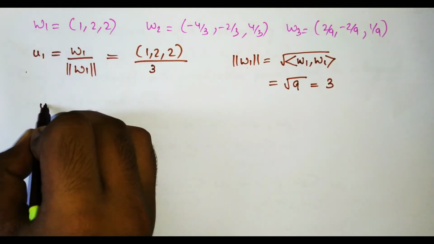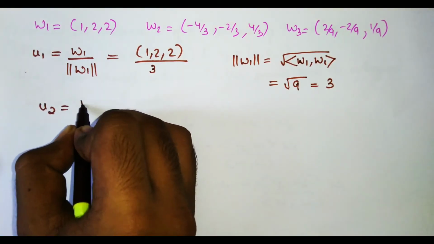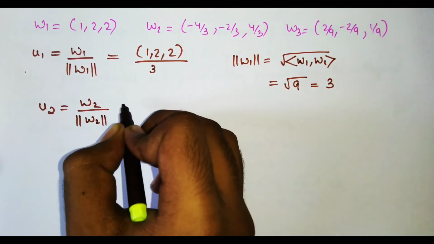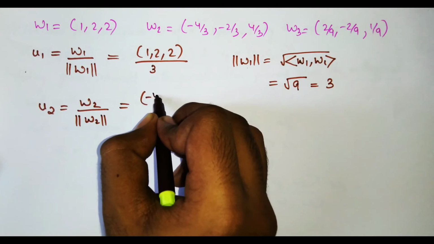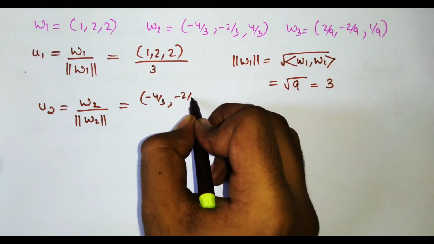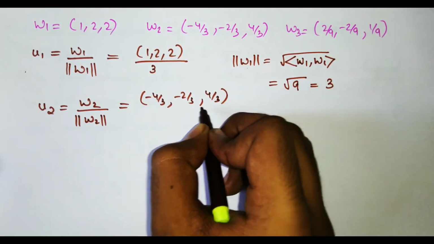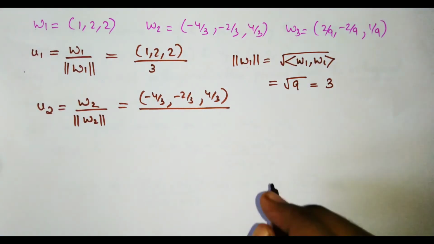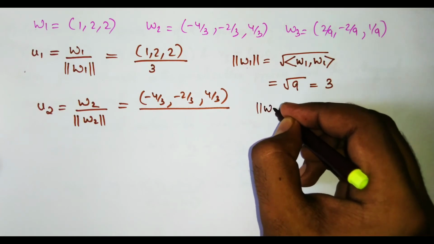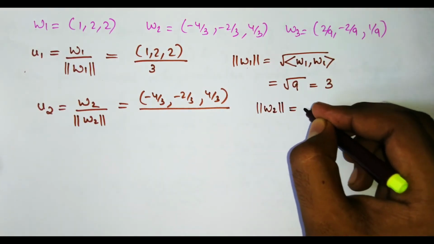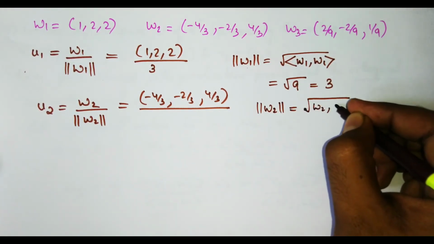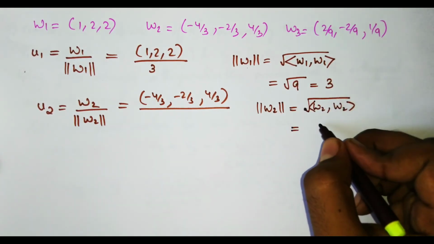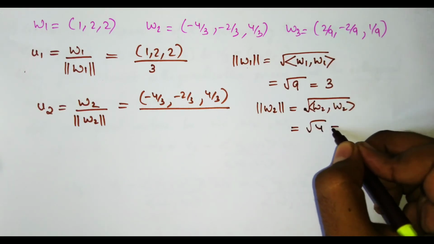Now next one, u2, it is nothing but w2 by the norm of w2, which is equal to (-4/3, -2/3, 4/3) divided by the norm of w2. So the norm of w2 you have to find out. We already have the value of that: the inner product of w2, which is the square root of 4, which is equal to 2.